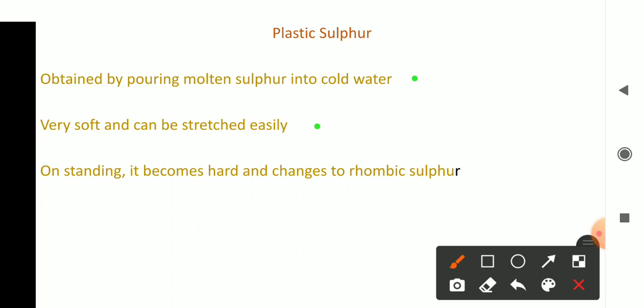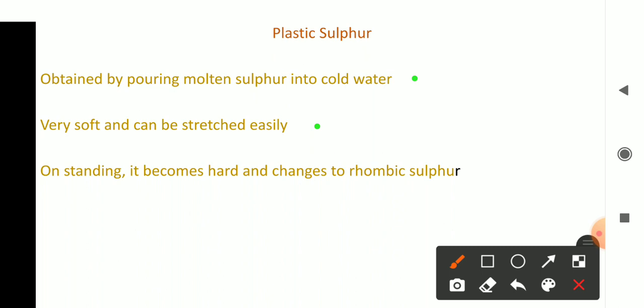Students, these are the three most common allotropes of sulfur we have discussed. What are they? Alpha sulfur, beta sulfur and gamma sulfur. But in addition to these forms, certain other forms also exist for sulfur. Those are liquid sulfur and gaseous sulfur.